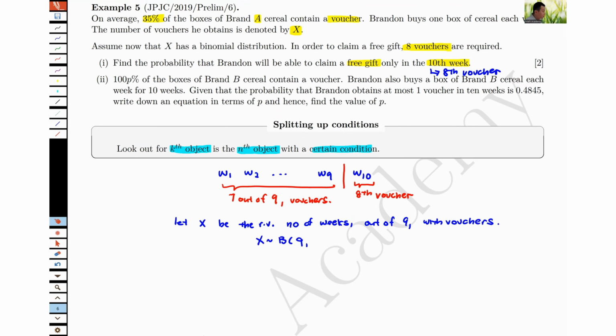Voucher probability given as 0.35 in the problem. Okay, so be careful, even though it was 10 weeks, we only need to define for 9 because that 10th week is fixed. So when we fill in the probability, I can use this phrase, required probability.